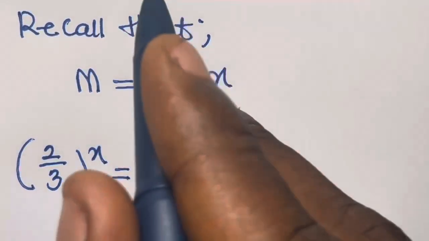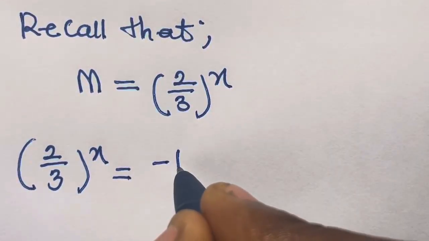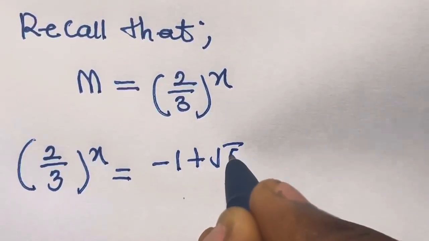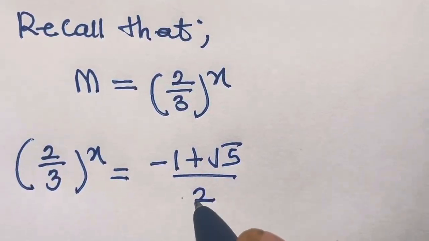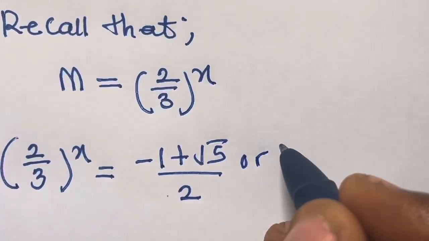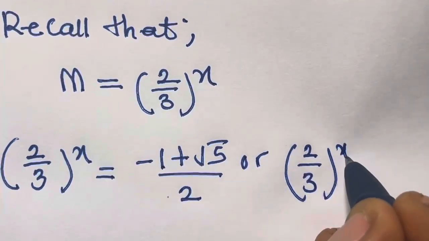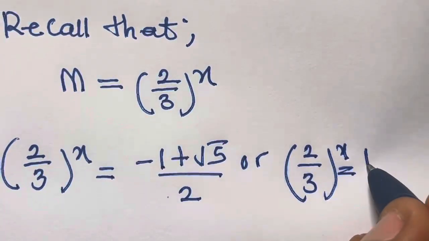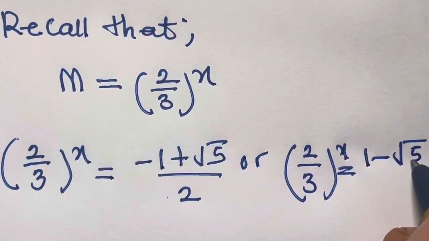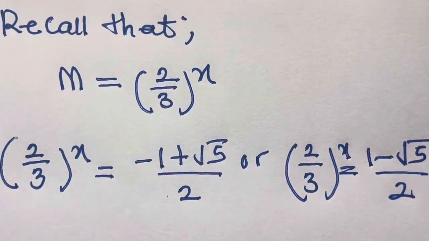We have our m1 to be minus 1 plus square root of 5 divided by 2, so 2 divided by 3 raised to power x equals minus 1 plus square root of 5 divided by 2.